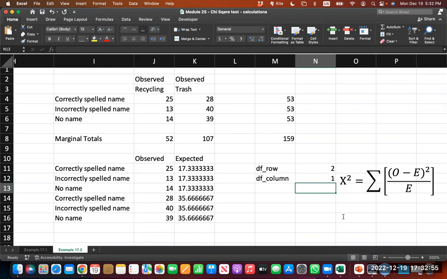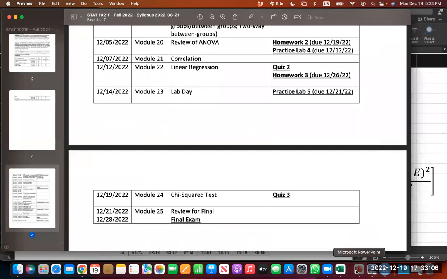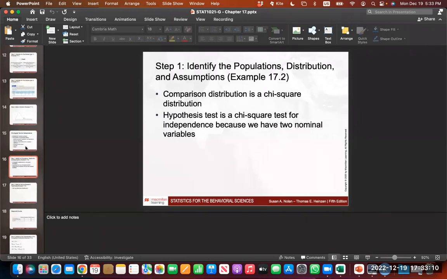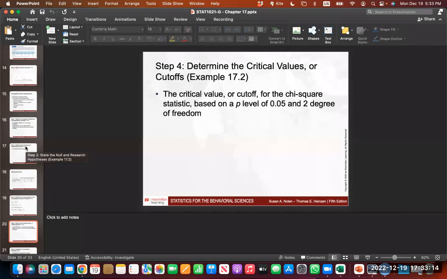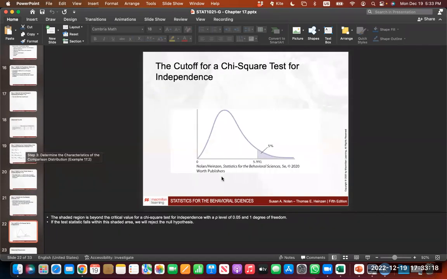That gives us degrees of freedom of 2 for our critical value determination. So 2 at a p-value of 5% gives us 5.99. This is the way you have to look at it.